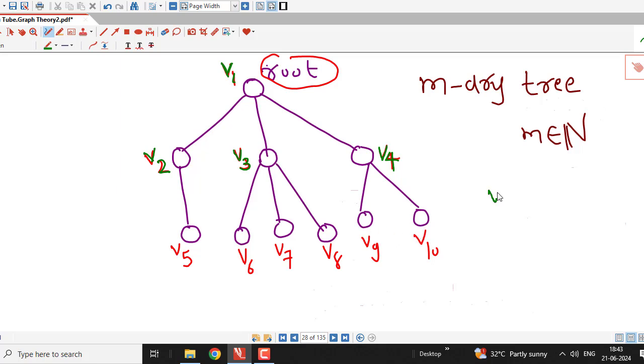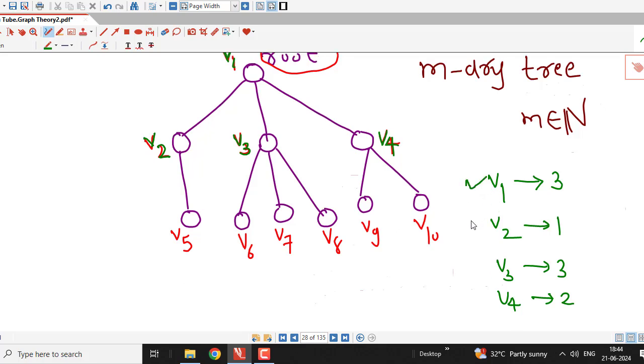So V1 has 3 children, V2 has one child, V3 has 3 children and V4 has 2 children. All these vertices are internal vertices. The remaining vertices are not internal vertices because they do not have any children.